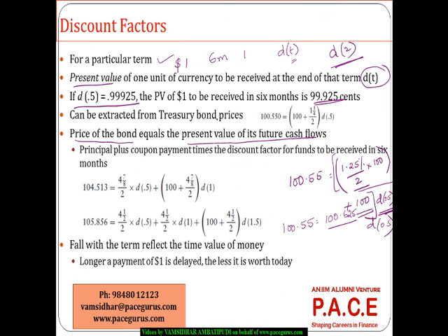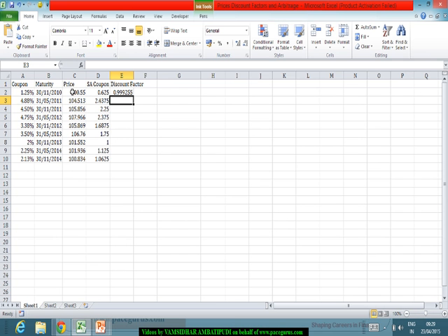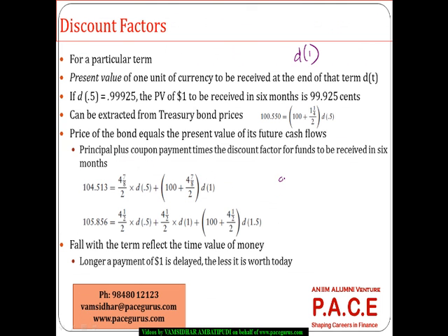Now imagine the second, which is D of 1. If I want it, I'll take a 1 year maturing bond. Now what are the cash flows? I'll receive 2.4375 after 6 months, so I'll multiply this with D of 0.5.